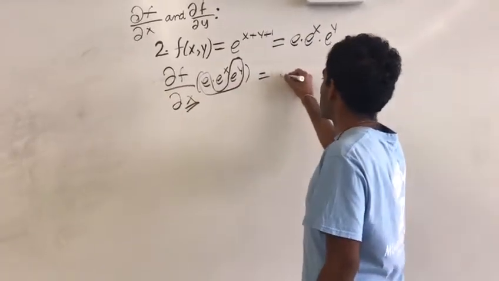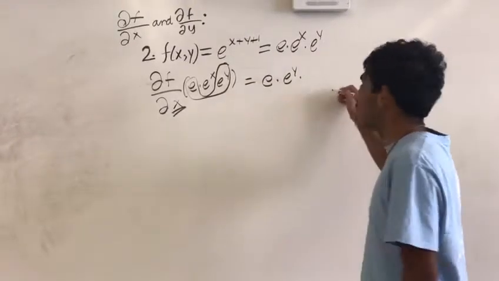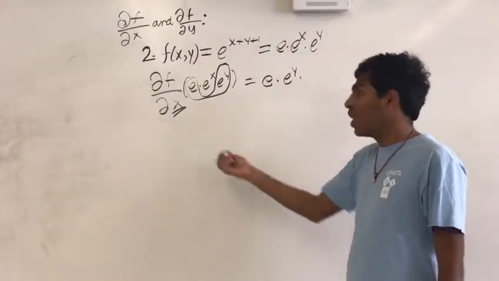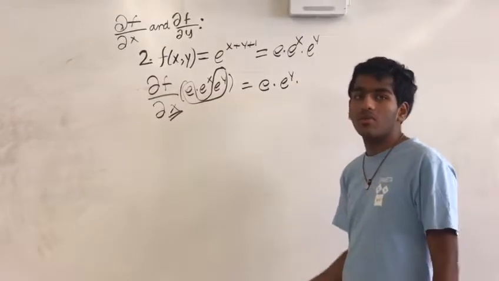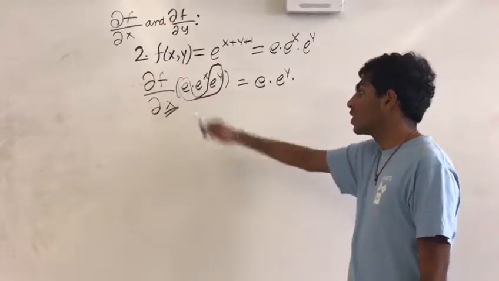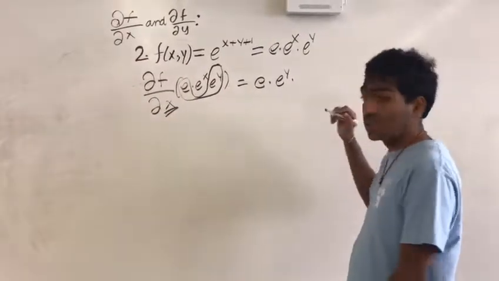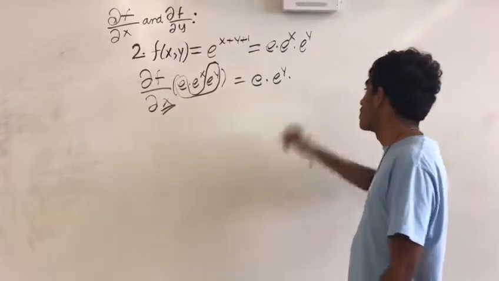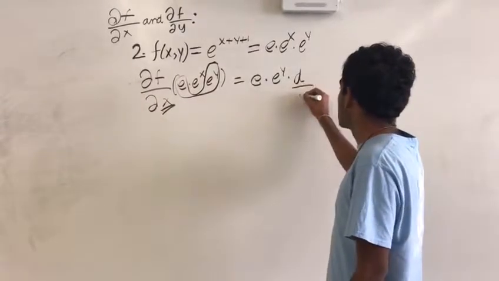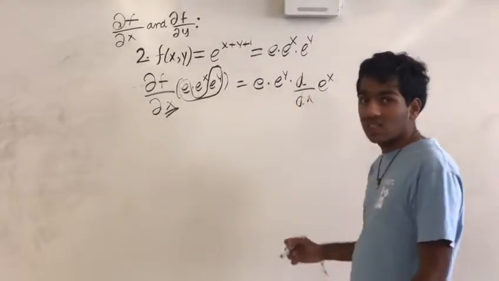In this case, it is e times e raised to the y times the derivative. Well, I might be writing partial derivative, but it really doesn't matter which derivative you use, because you only have a function of x and there is no need for a partial one. So I'm just going to stick to the single variable differentiation notation, which is just d of dx of e to the x. As you know, that is just e to the x.